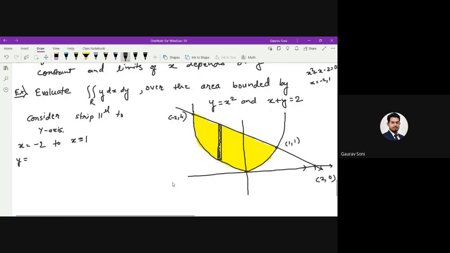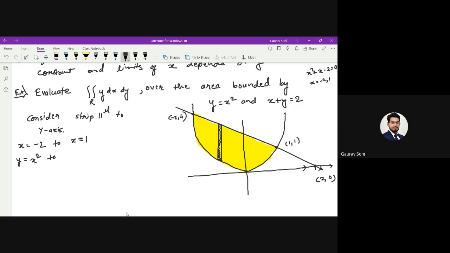Look, you need to look at the lower end of the strip and the upper end of the strip. What is the lower end of your strip? 0? No, x square. It is the parabola. On the parabola, the value of y is x square. The upper limit of your strip is the line.